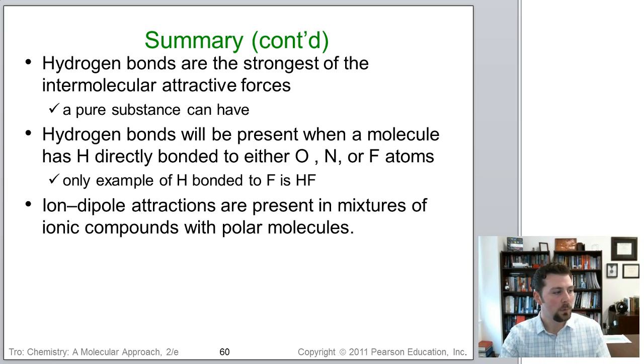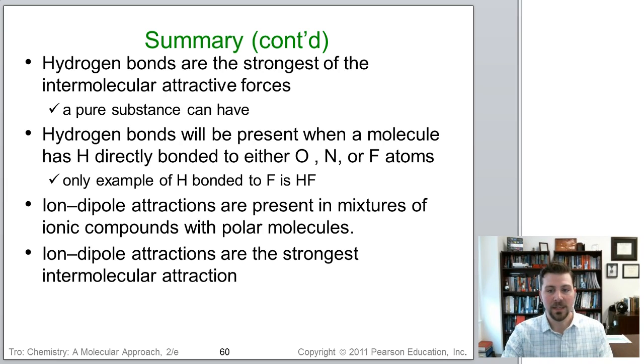Okay. Ion-dipole forces can be present when you have an ion dissolved in a polar liquid, and that can contribute to the amount of mixing or dissolving that something can do, and also lead to a strong intermolecular attraction. Okay, we have a pure electronic charge, positive or negative, in that ion, and that can interact directly with that separation in charge on the dipole of the polar molecule.